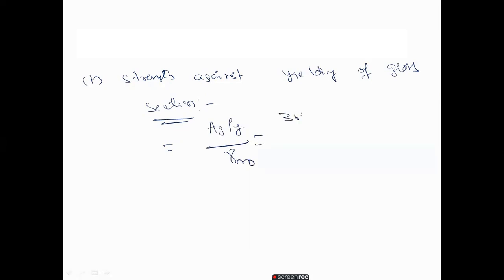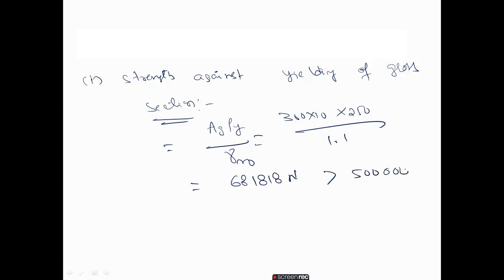The gross area is 300 by 10 for the plate we are taking, and fy is 250, gamma m0 is 1.1. If you substitute the values and calculate, we get this many newtons. It is greater than 500 kilonewtons or 500,000 newtons. Whatever strength we get, it must be greater than the design load; only then is it a safe value. This is the strength against yielding.